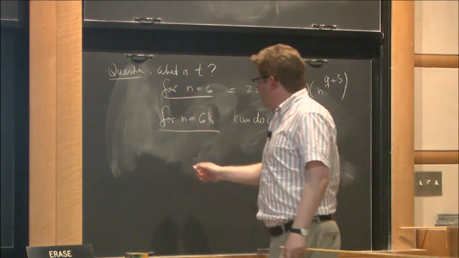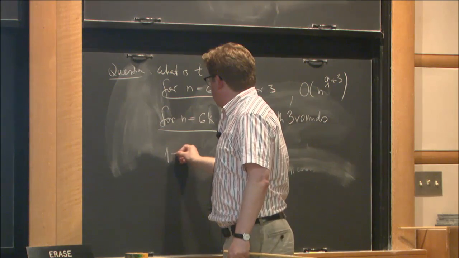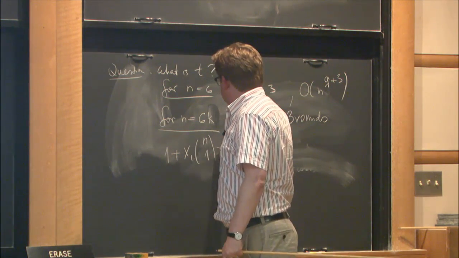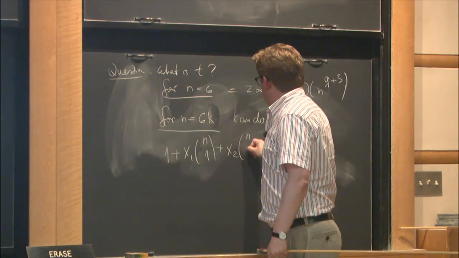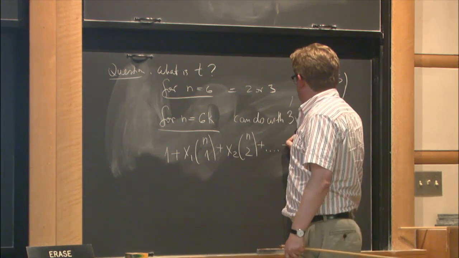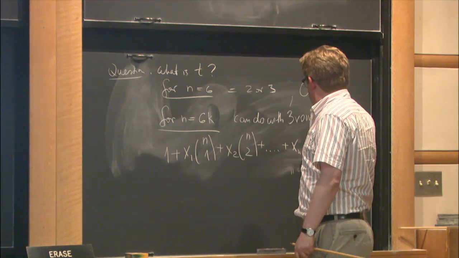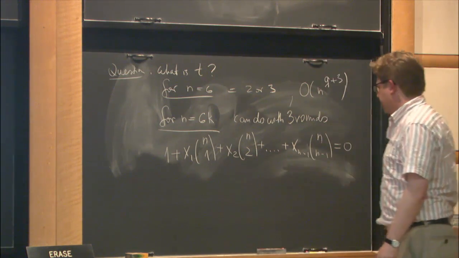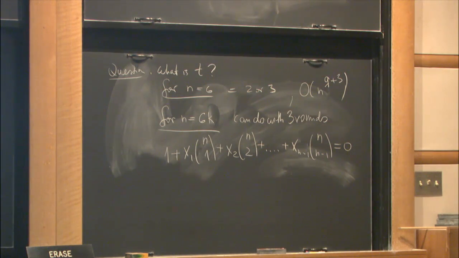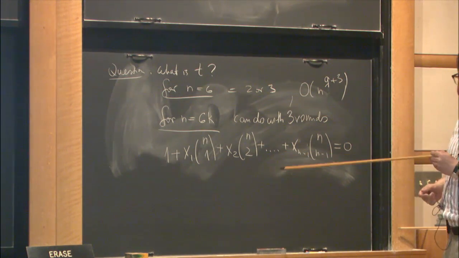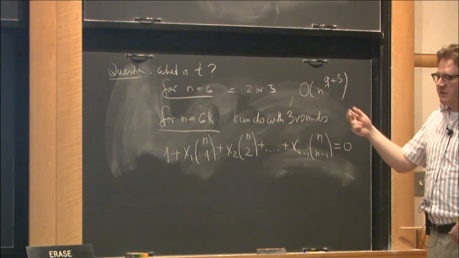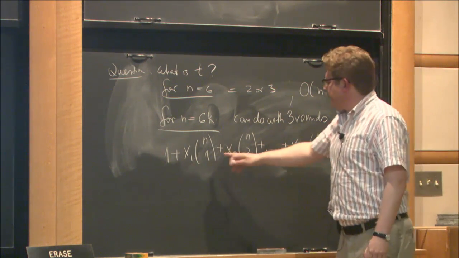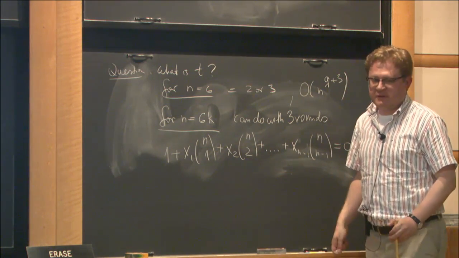Namely, this equation. So this is an equation with binomial coefficients. It's a little bit long story to explain, but you see, it is binomial coefficients of n.